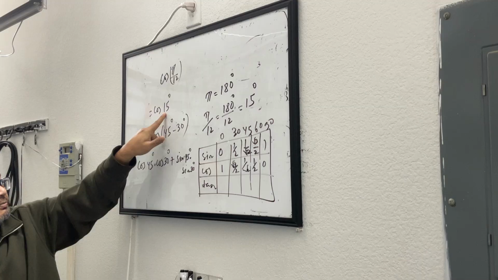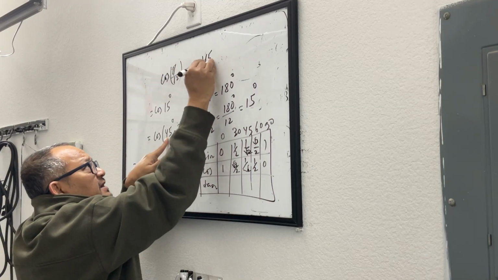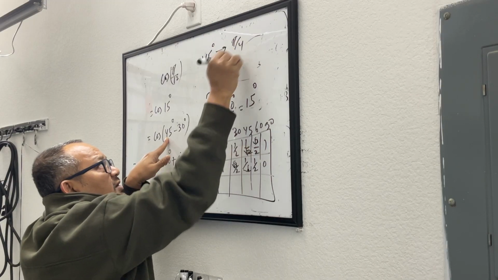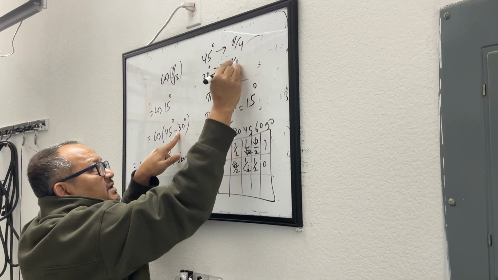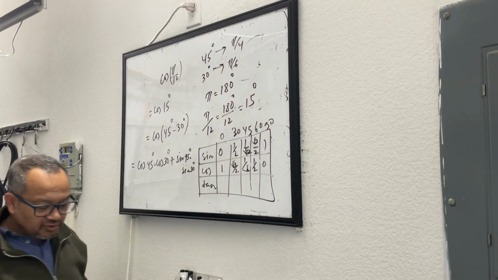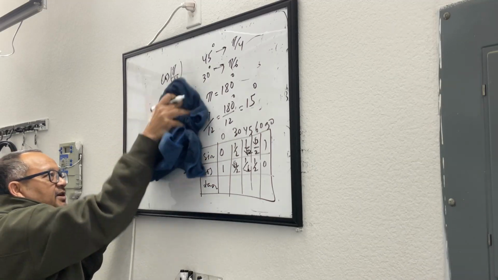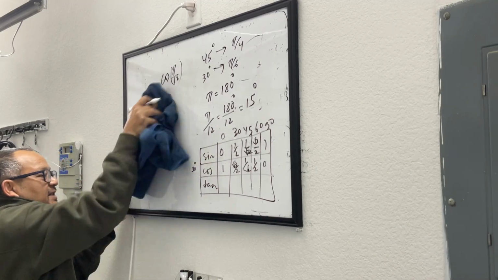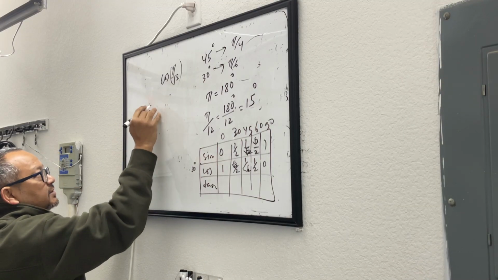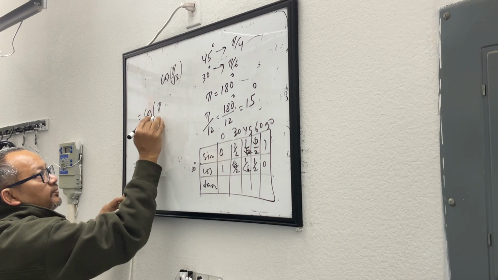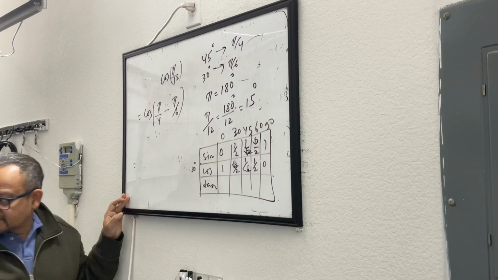So 15 is pi over 12, that's what we have. 45 degree is nothing but pi over 4 and 30 degree is nothing but pi over 6, right? So now, pretending that I am super intelligent, I will say this equals cos of pi over 12 equals cos of pi over 4 minus pi over 6.